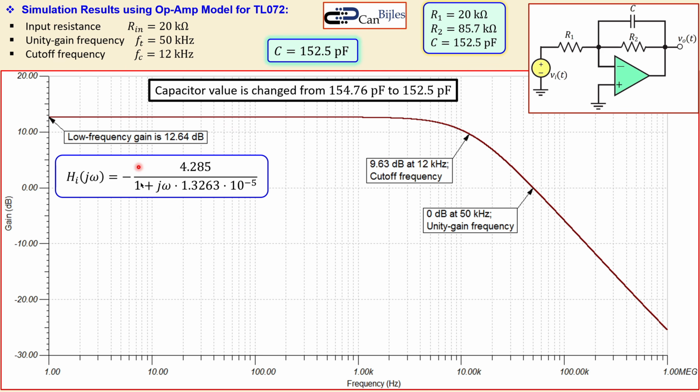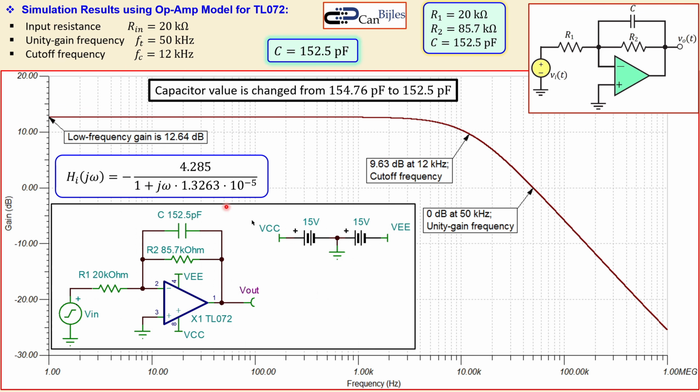Again, the low frequency gain is fine, but you see this circuit will be then used. You see the TL072 for the op-amp model in the simulator. R1 20 kilo ohm, and R2 85.7 kilo ohm, and you see here the new capacitor value of 152.5 picofarad. Now let's go to the specifications.